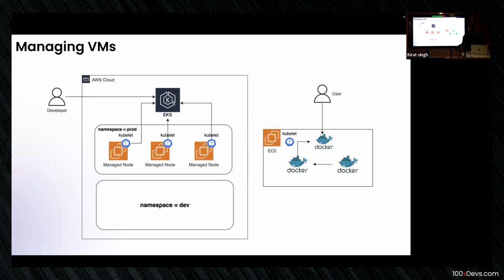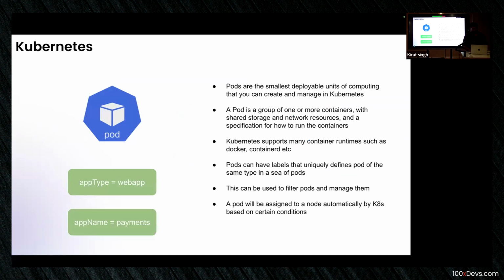Does it have RAM, GPU or CPU available to actually run the container? So all the time you're talking to this EKS control plane, and then the control plane tells the kubelets, hey, deploy this over here, deploy that over there. And then kubelet does all the work. kubelet runs as another daemon process. It will then run your container on that particular node, and all the networking is taken care of by Kubernetes. So this is how the basic architecture works.